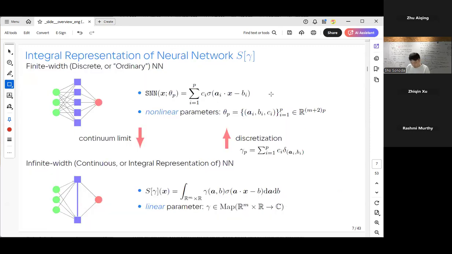Okay, to introduce the Ridgelet transform, I first introduce the integral representation of neural networks. So the upper panel corresponds to the ordinary finite width neural network. That's what I already explained. Even in a single hidden layer case, the analysis of parameters is already difficult, in particular because those hidden parameters A and B are inside a nonlinear function sigma.